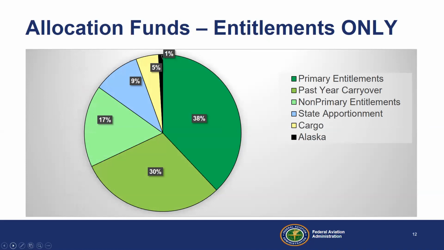But the past year carryover is 30%. And the non-primary entitlements is 17%. So all of that represents a lot of money that we have pretty much a good plan for when we are looking at spending and making sure that you guys are spending your entitlement dollars.